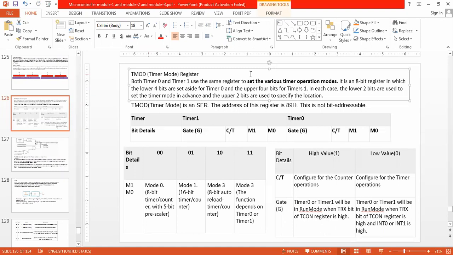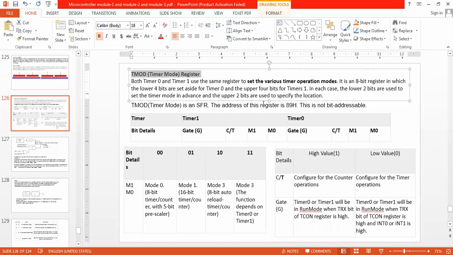The function of Timer 0 and Timer 1 will be automatic here. That automation is done by 2 registers: the TMOD register, and one more register will come, the TCON register.